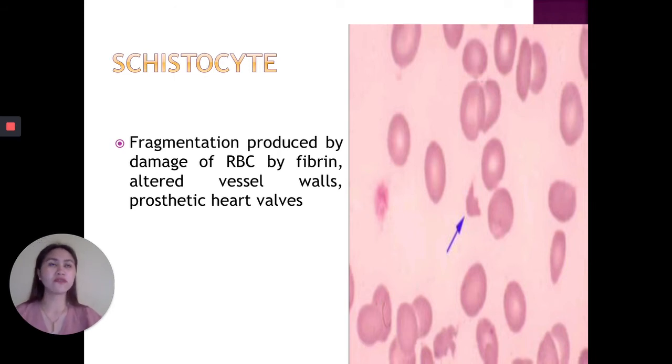If they are bumped against those valves, chances are your RBCs will have damage to their surface or membrane, and they will be fragmented. Those fragmented RBCs, you call them schistocyte.